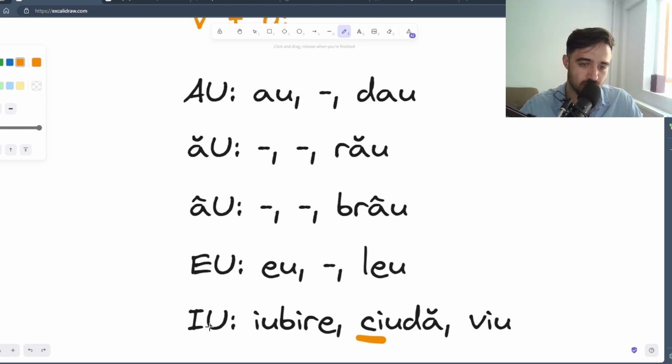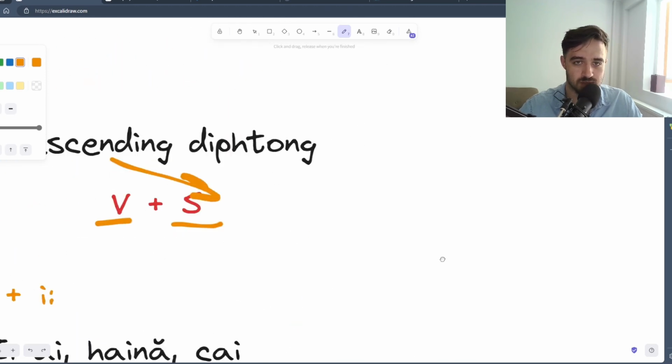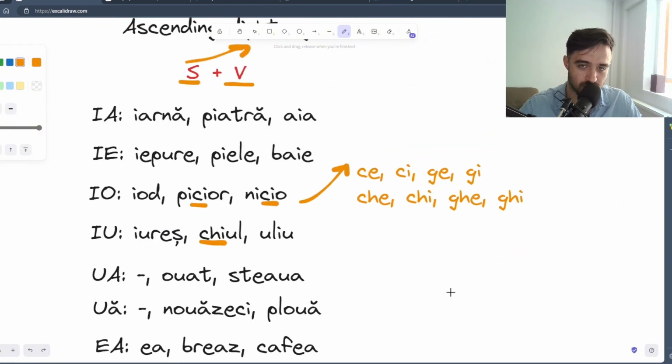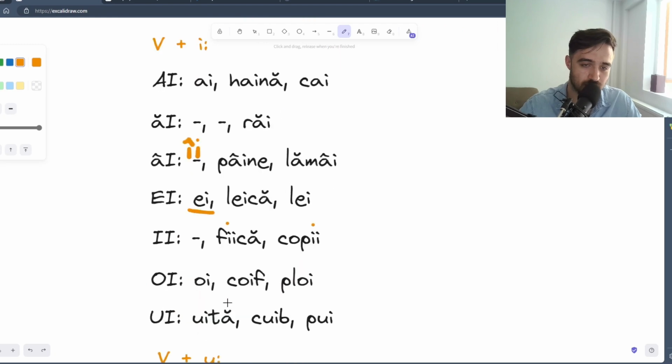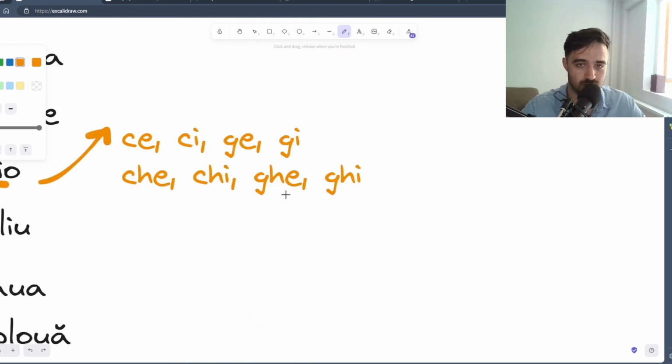Then with iu, iubire, ciudă, viu. So here with ciudă, again, one of those groups of letters is frequently before the EU. So usually the I will be one of those.